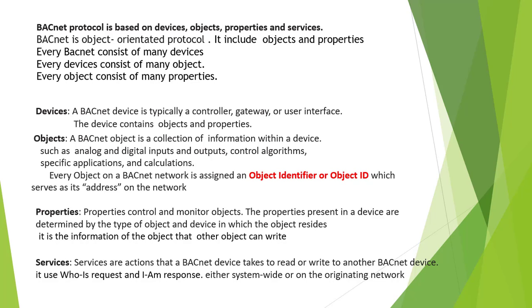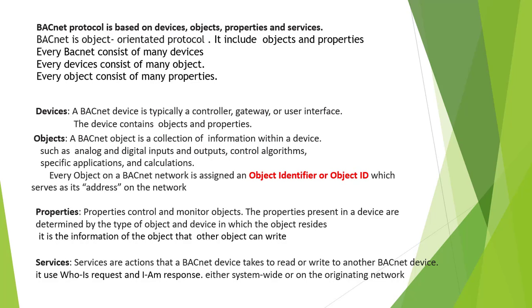First, we talk about the device. A device is, for example, a controller, a gateway, and the user interface, or the HMI. All this is called a device. A device contains objects and properties. An object is a collection of information within a device.